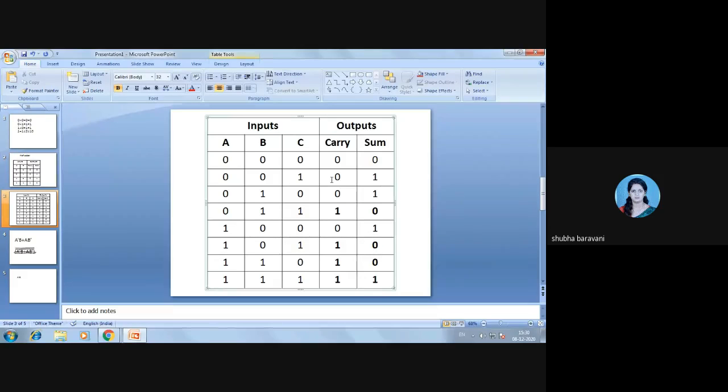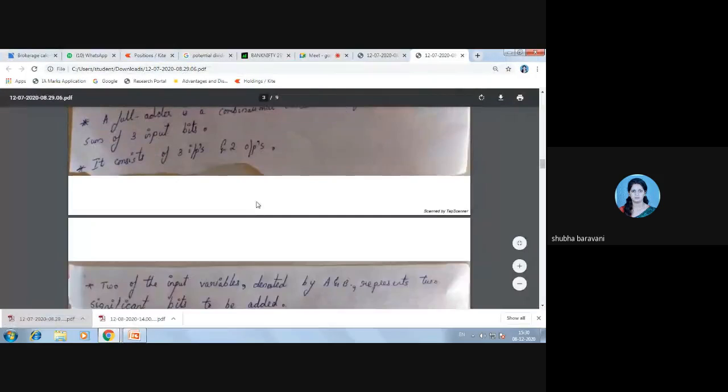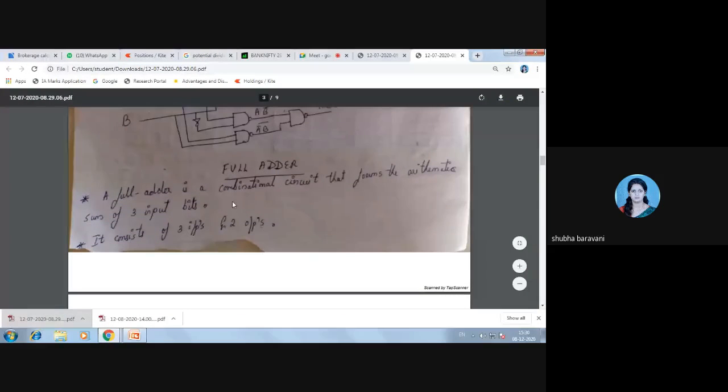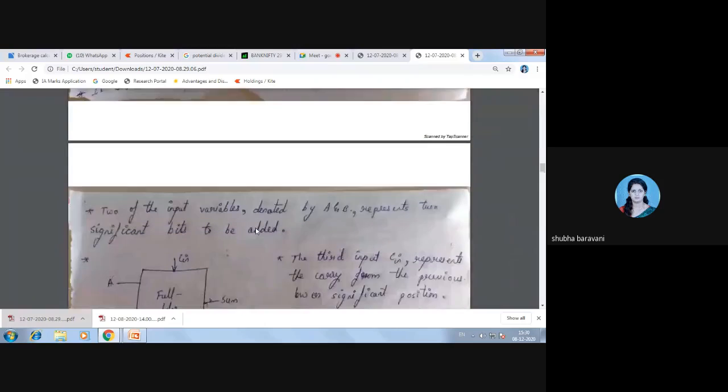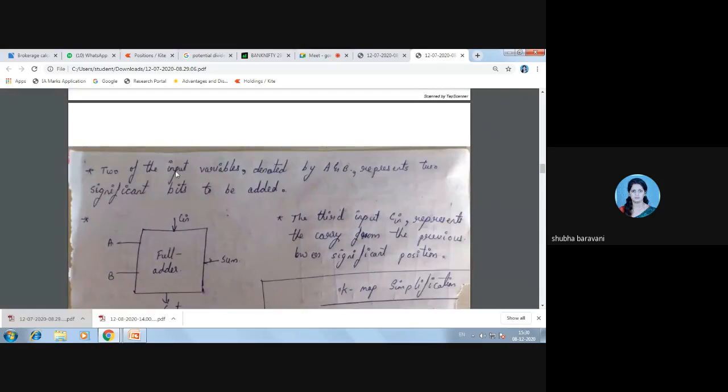So now again, like the half adder, for this also I have to see what a full adder is. A full adder is a combinational circuit that performs the arithmetic sum of 3 input bits. It consists of 3 inputs and 2 outputs. The 2 input variables denoted by A and B represent 2 significant bits to be added.